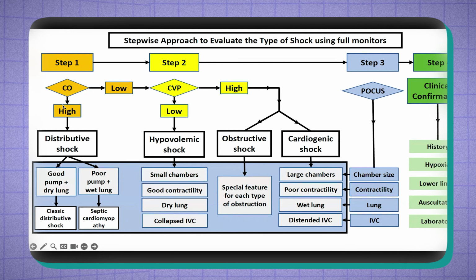If your cardiac output is low, it's either hypovolemic or cardiogenic shock. If your cardiac output is normal or high, it could be a septic distributive shock. Similarly, if your cardiac output is low, it could be either a hypovolemic shock or a cardiogenic shock. So now look at the CVP or the PCWP.